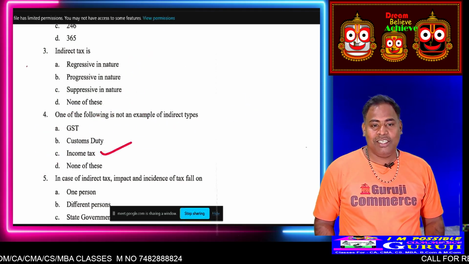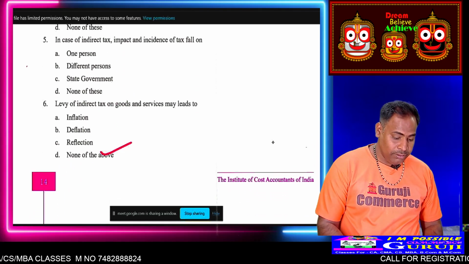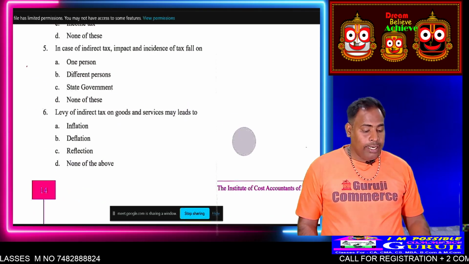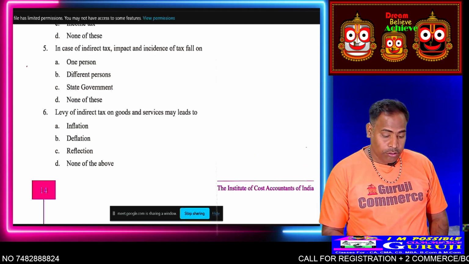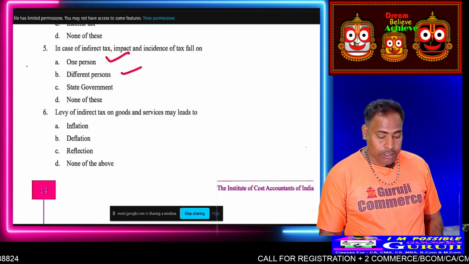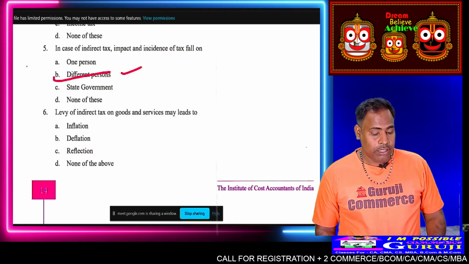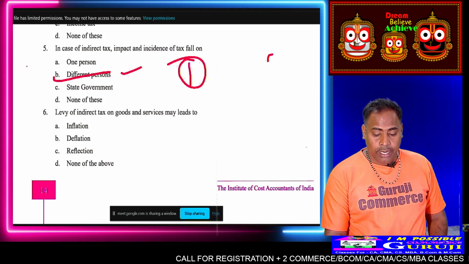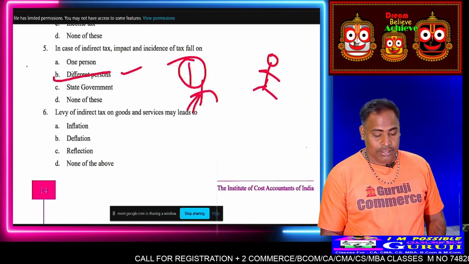Income tax, very good. In the case of indirect tax, the impact and the incidence of the tax fall on different persons. Very good, the right answer is different person. It means one person is collecting the tax, another person is paying the tax.